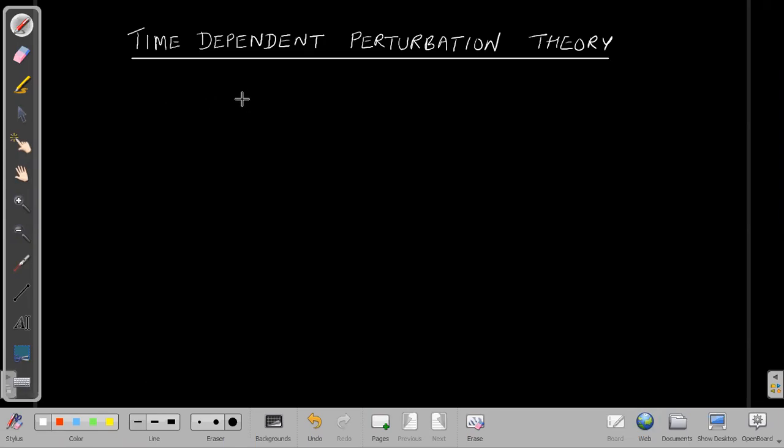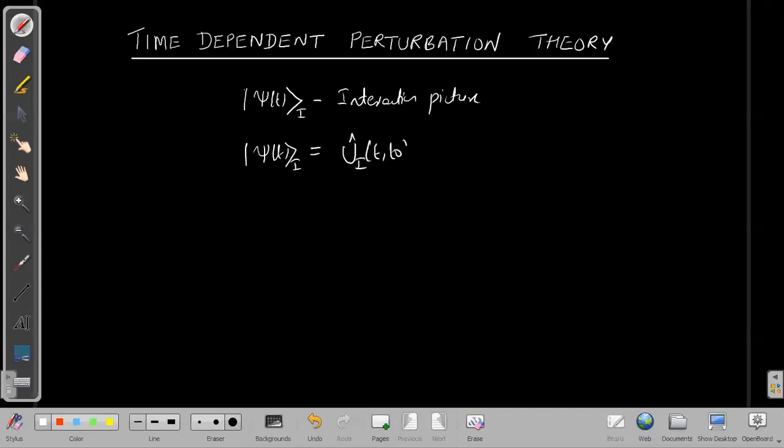Suppose psi of t represents the state of the system in the interaction picture. Then its time evolution can be represented by using an operator U_I(t, t0) acting on psi at t0 in the interaction picture.